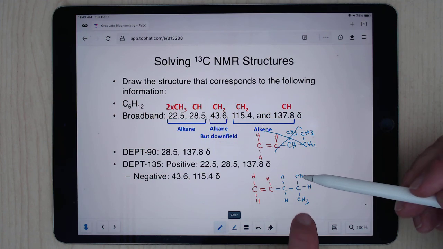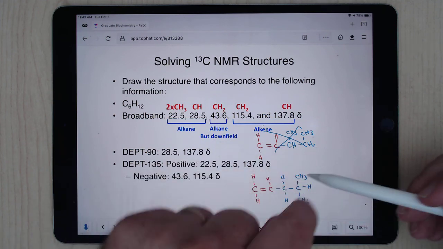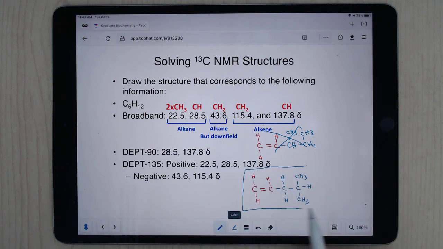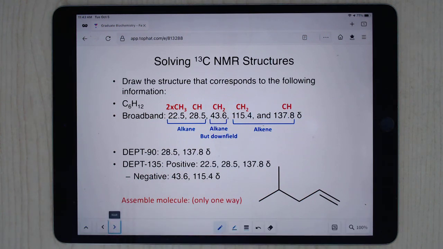These carbons here are equivalent to each other, right? Because I can just rotate around that bond and flip the molecule like that. And so this is our structure here. That's the only way that it makes sense, given the information that we have. Okay. Good luck.